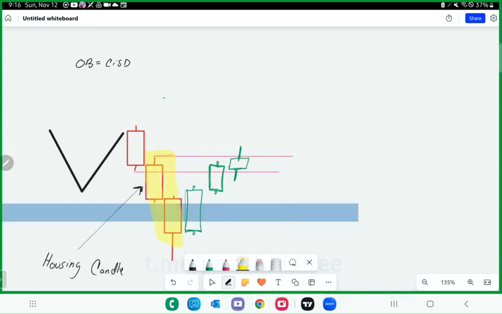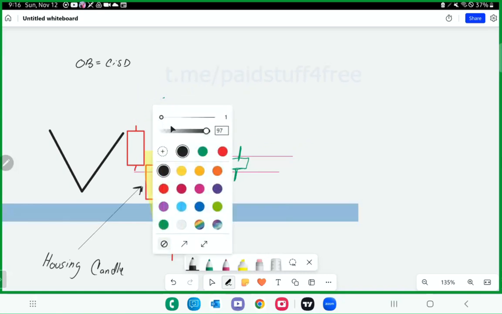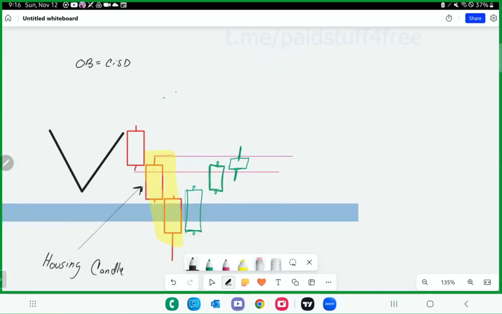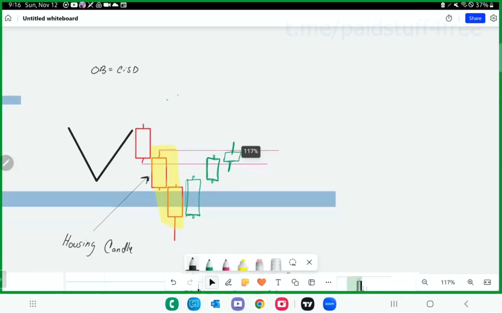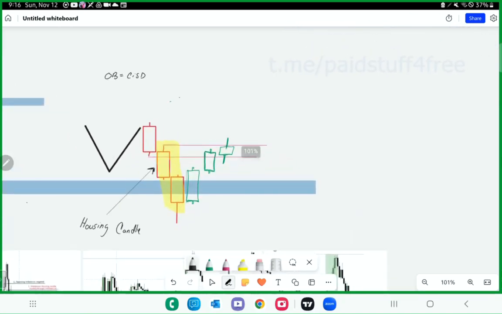Instead of saying, all right, cool, we have a CSD, a change in state, we have an order block, and just taking a blind entry, we add a little more confirmation. If I'm going to expose my portfolio to the market, if I'm going to be a buyer, I'm only going to be a buyer when I can truthfully say that IPDA has shown me that the institutional order flow is bullish.